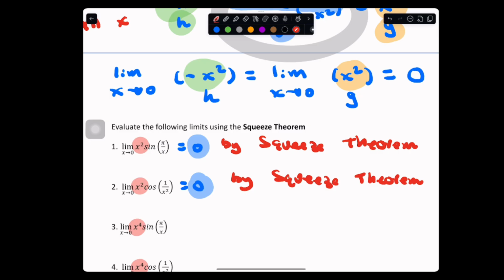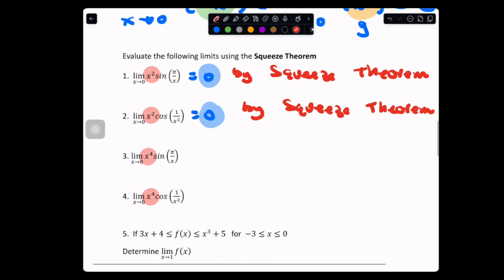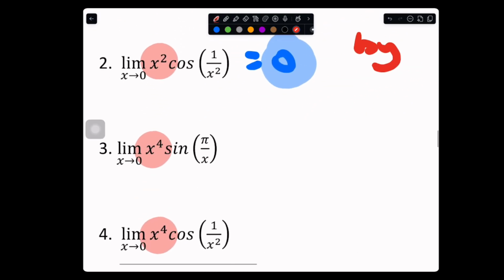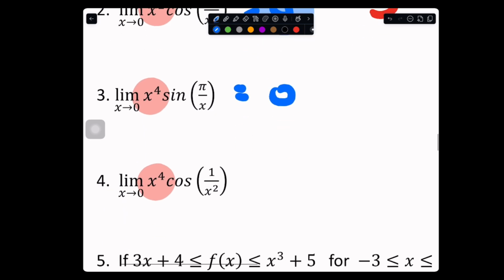And that's kind of what they want you to do with these. Similarly, you can do the work here. This is also 0, and this will be 0. All right, you guys okay with that? They're all 0.